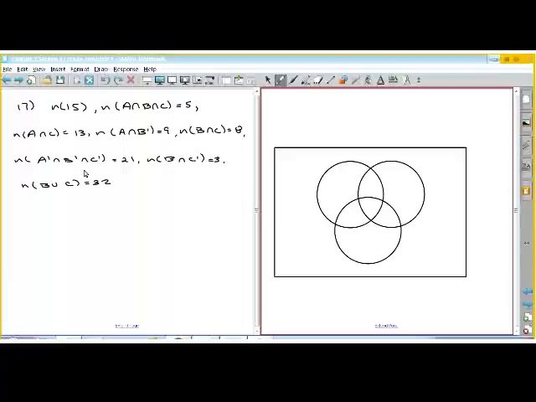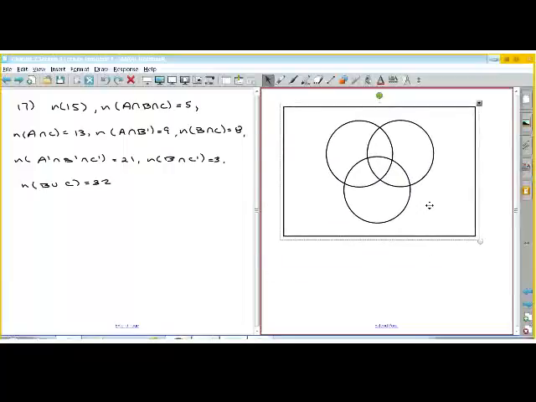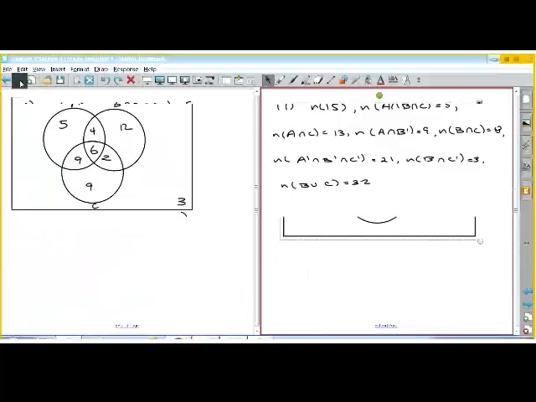This is problem 17 in your book. This is a little more difficult. It's not quite as straightforward, but a lot of it's the same, but there's some differences.